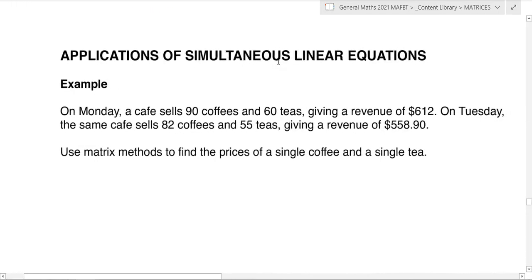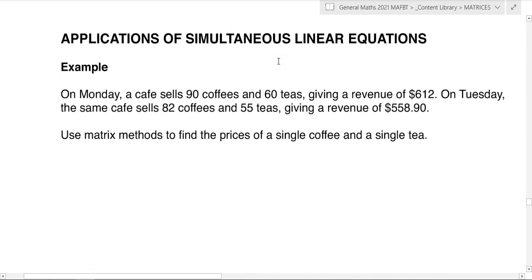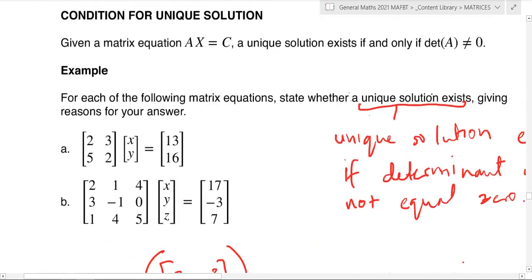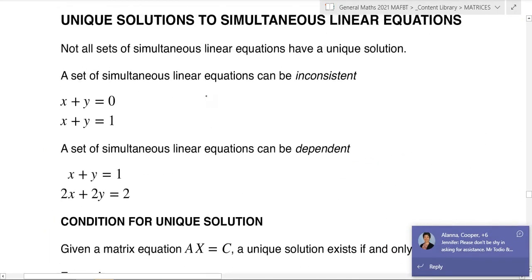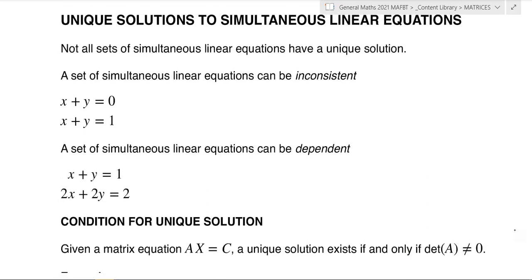So now that we've come to some application questions, there's a couple of things that you need to remember when doing these questions. First, don't get too overwhelmed by all the numbers and information here. Keep to the principle that you've got a simultaneous equation, so you're going to have 2 or 3 equations depending on the question, and you've got to figure out what they are.